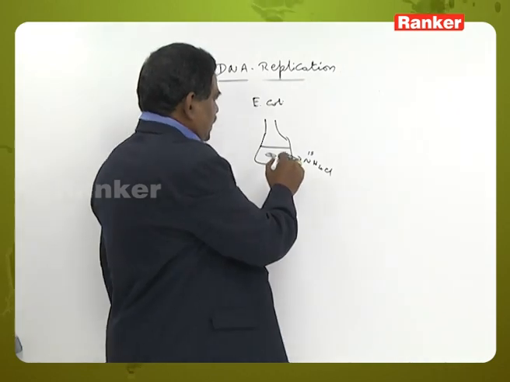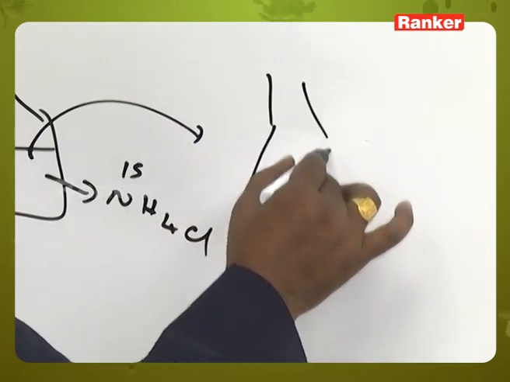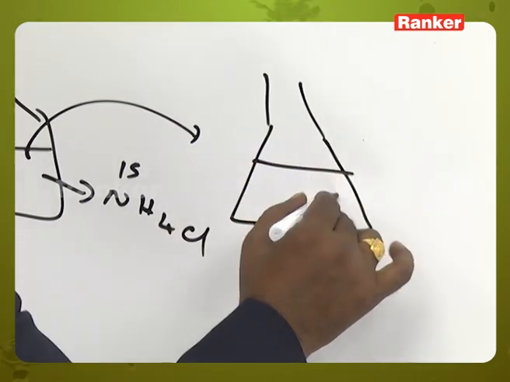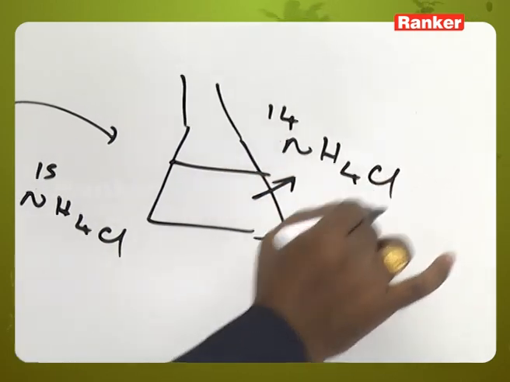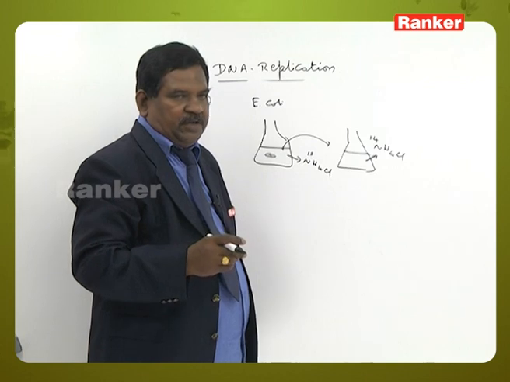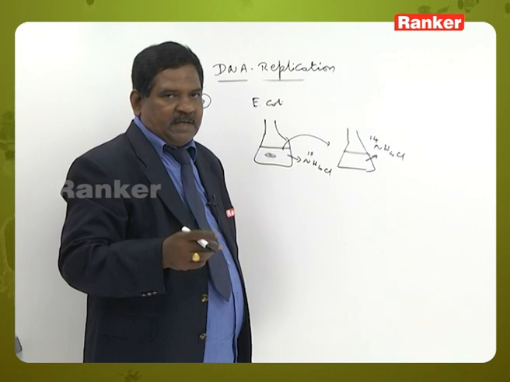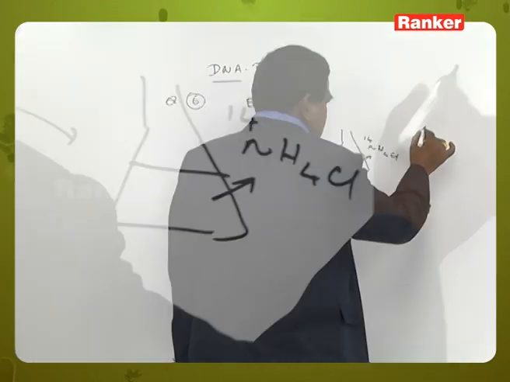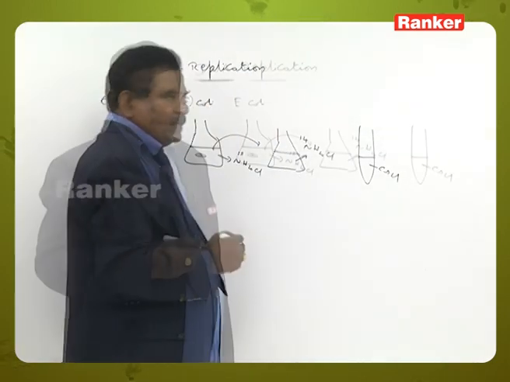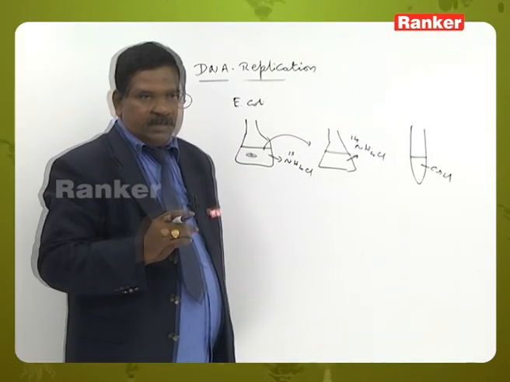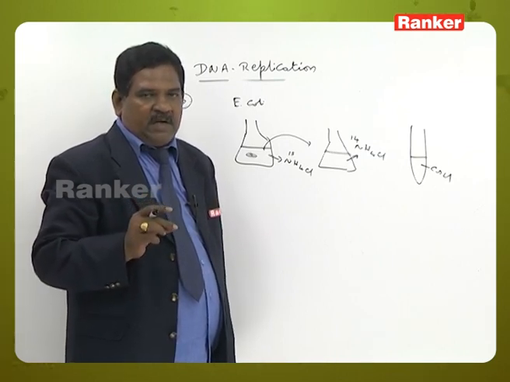Then the bacteria are shifted to another medium which consists of N14 containing ammonium chloride, and then samples at different durations are separated and measured in the cesium chloride solution gradient. So it is a sequence of various steps in the experimental proof of the semi-conservative method of DNA replication.